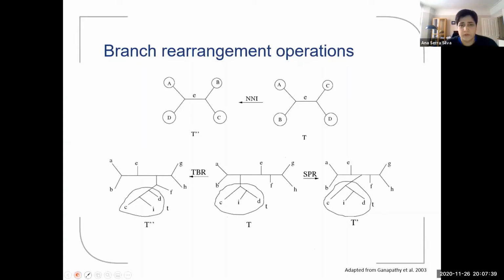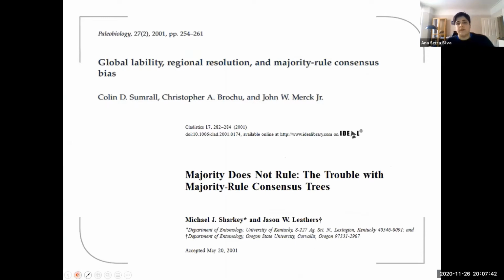It has been known for quite a while that the presence of tree islands with very disparate sizes can mislead the majority rule consensus into showing the consensus of only the largest island and losing the information from all other islands. This led, in the early 2000s, to the recommendation that parsimony trees be represented only with the strict consensus. Now, we'll see in a little bit, with the example I'll be using, why this isn't always an option.